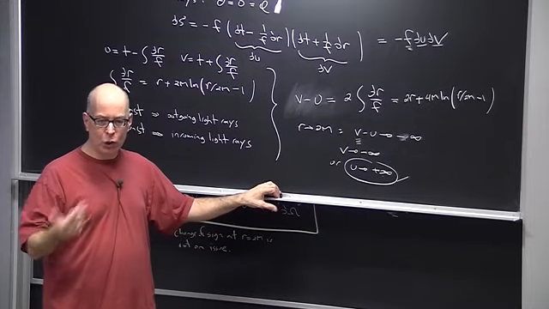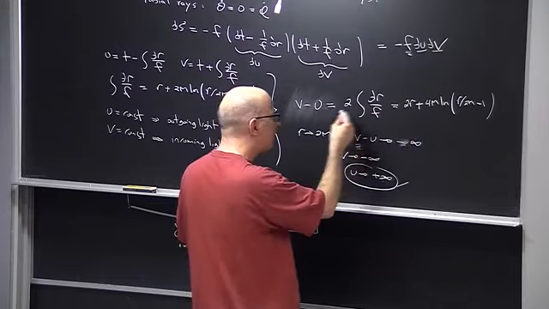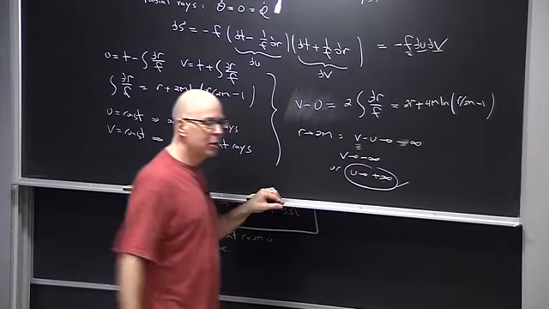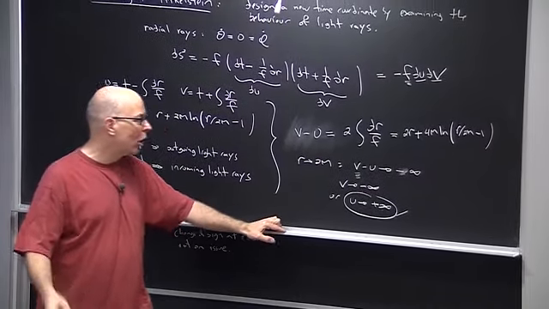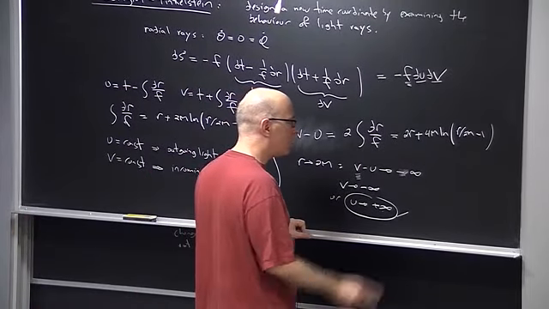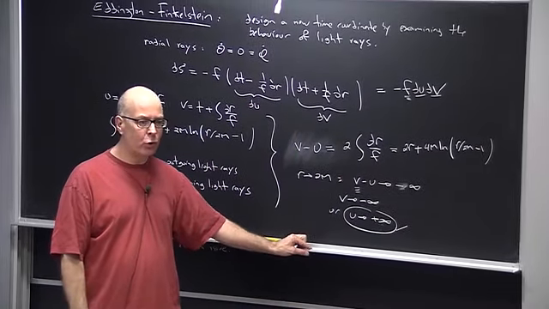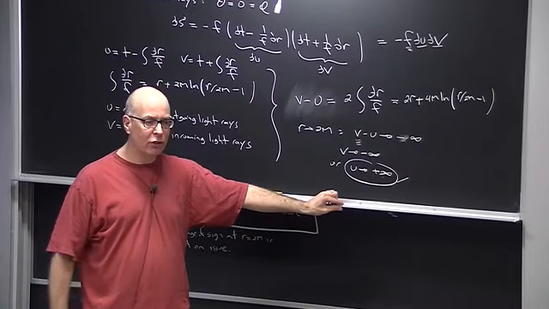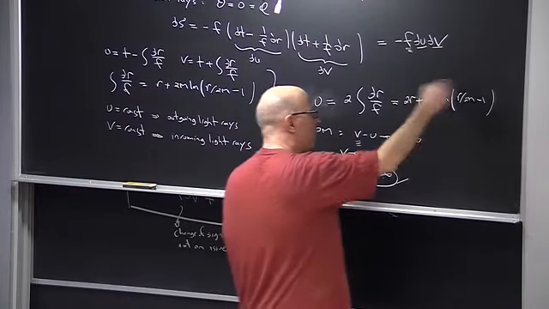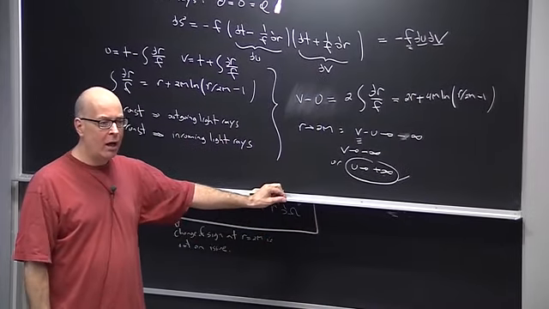But more than that, if we wanted to work in terms of u and v, we would get rid of r as a coordinate. r would become a function of u and v. And r is defined as a function in v through this relationship right here. And the problem, it's not a big problem, but it's an obstacle. r is only implicitly defined in terms of u and v. I cannot invert this relation to give me r as an explicit function of u and v, because I can't invert this function here when I have a log and a linear term in it.